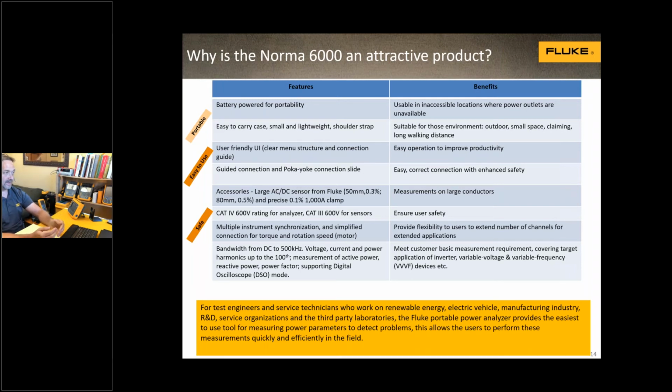Really, it's the higher frequency range capabilities allowing you to make measurements on variable frequency drives. The targets would be laboratories, electric vehicles, manufacturing, renewable energy, so solar and wind farm installations, to be able to measure the power and efficiency.